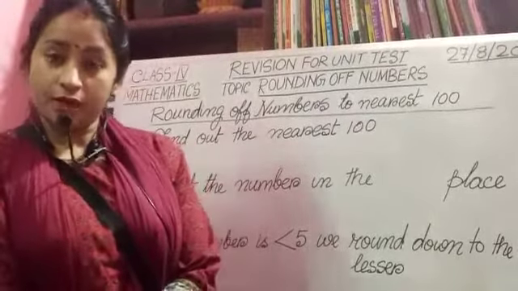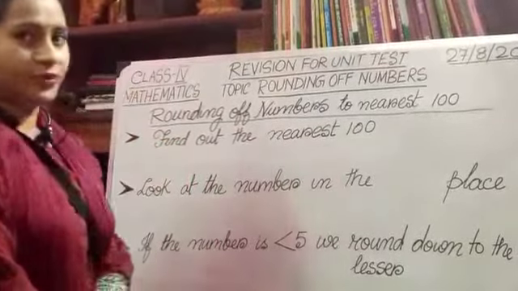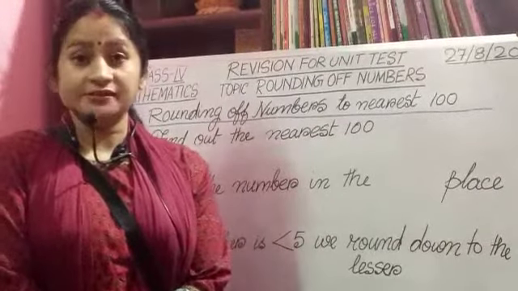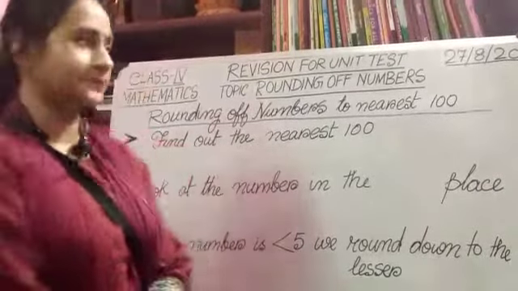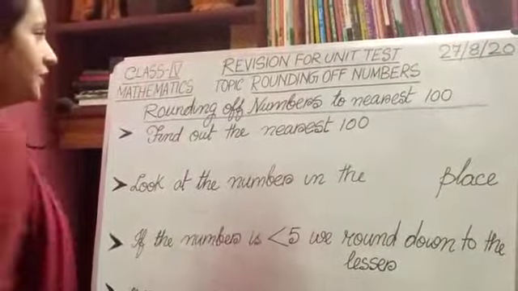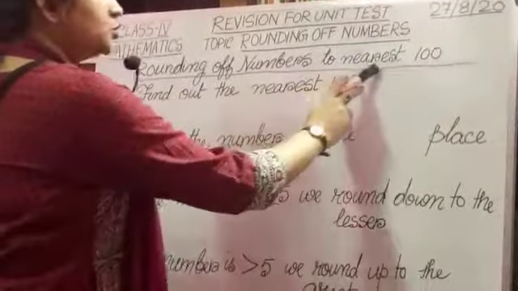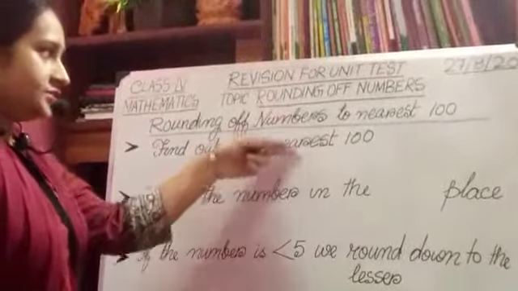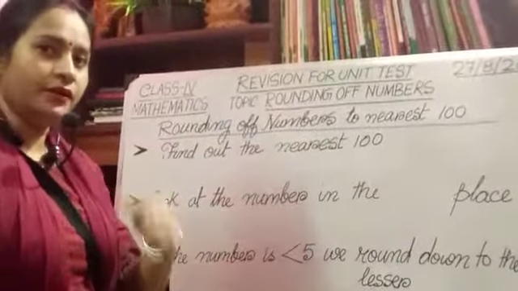Right children? Now, let's get into today's topic. My today's topic is rounding off numbers to their nearest hundreds and thousands. So let's get started. Rounding off numbers to nearest hundreds. I'll teach you this with the help of an example.